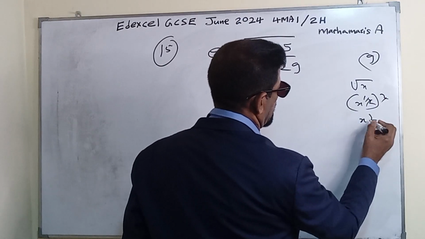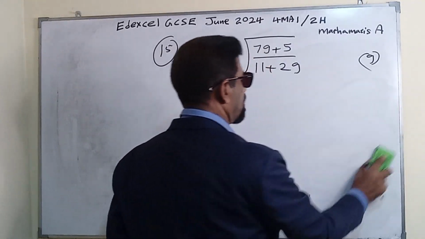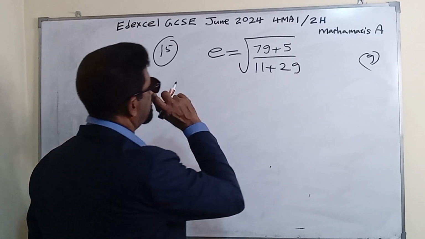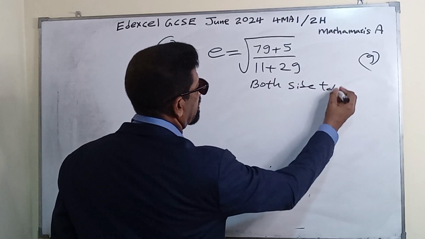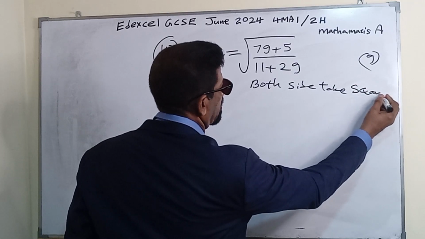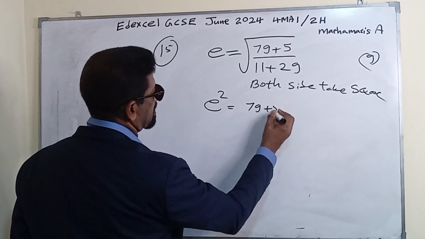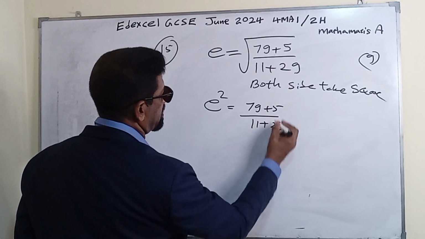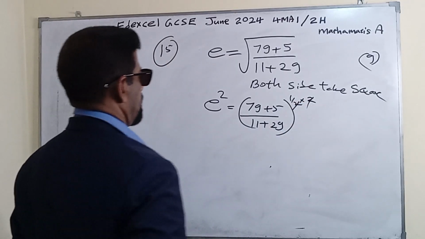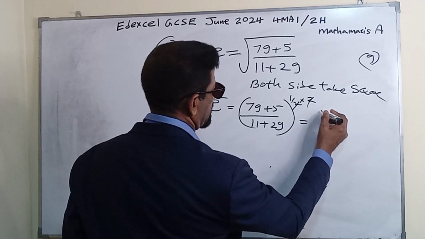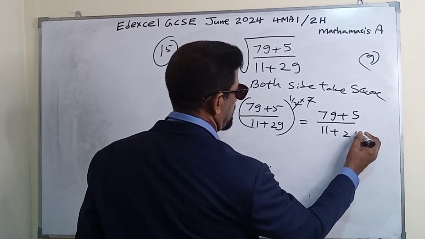So E to the power of 2 equals 7g plus 5 over 11 plus 2g.